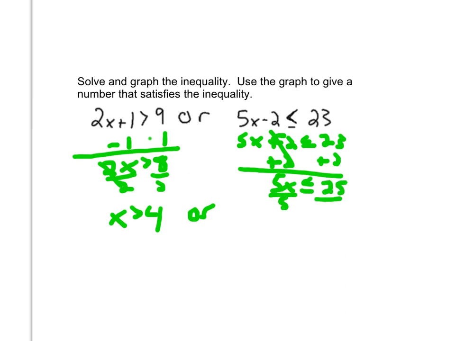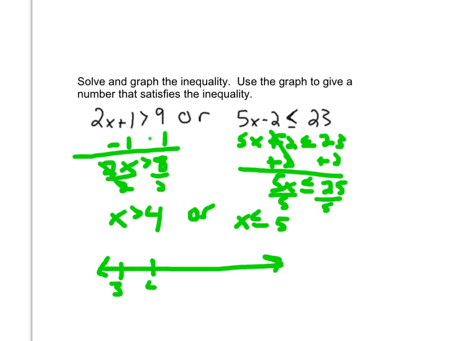And divide by 5. And we get x is less than or equal to 5. Okay? So again, we're going to graph this. Get on both sides of the numbers here. We need an open dot at 4 and a closed dot at 5.